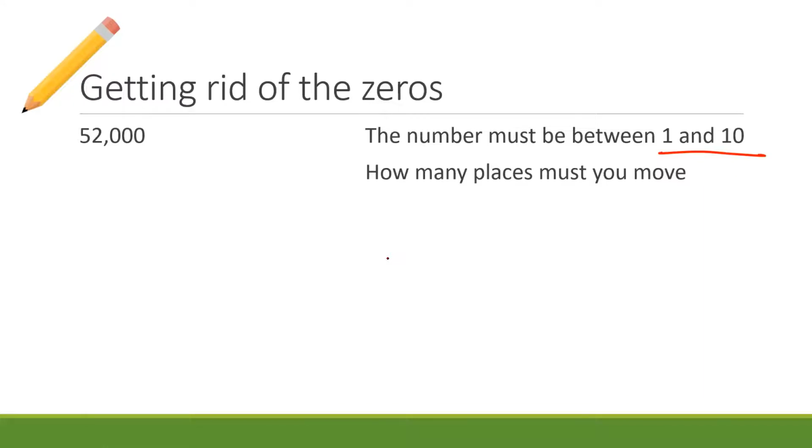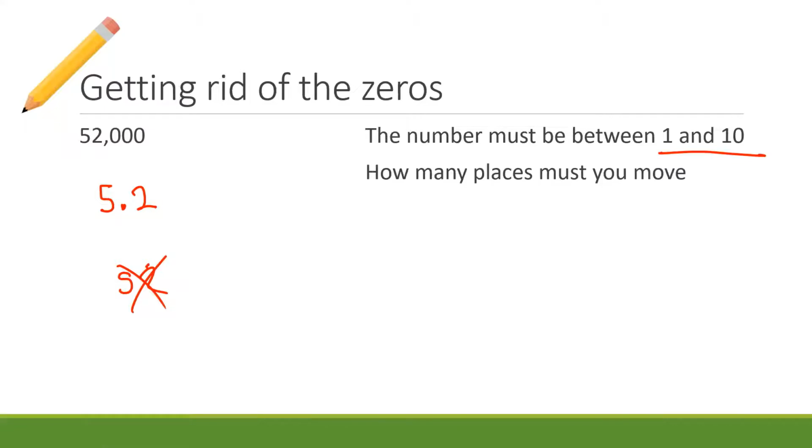Now, the best way to make a number between 1 and 10 is, in this case, 5.2. That's between 1 and 10. It's more than 1 because it's 5, but it's less than 10. So I don't write 52. Even though 52 is the only significant part, instead of writing 52, I write 5.2.